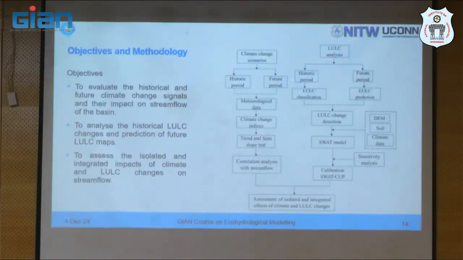For the LULC, we had the historical LULC, some historical decadal maps were available, some maps we created using the Landsat images. Then we predicted the future LULC using machine learning algorithms, and then LULC change detection, we gave the climate data and the LULC data to the SWAT model and assessed the isolated and combined impacts of climate and LULC changes.